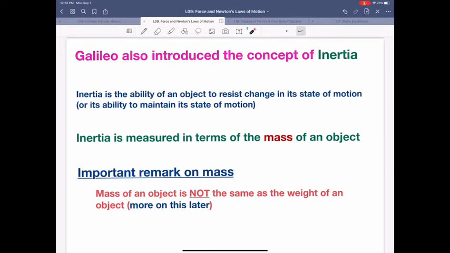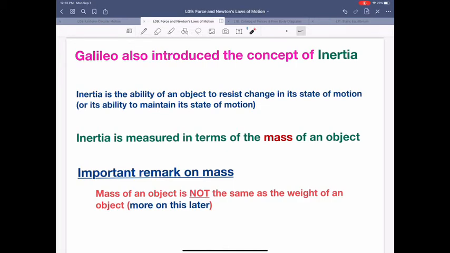You can bring it to rest, but it's next to impossible to stop the truck. The reason is the truck has a greater inertia, and because it has a greater inertia, its ability to resist any change in its state of motion is also greater. That's the qualitative or intuitive way of understanding inertia.